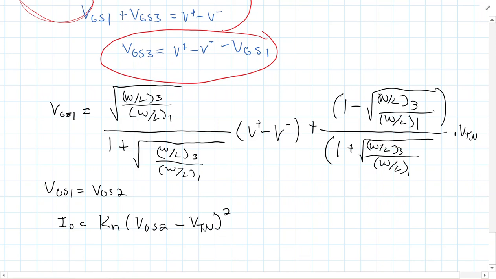Now, this looks like a pretty big and ugly equation, and in the next video we're going to go through an example of using this, but I want to point out some things here. Notice that this is the power supply. This is a transistor property.